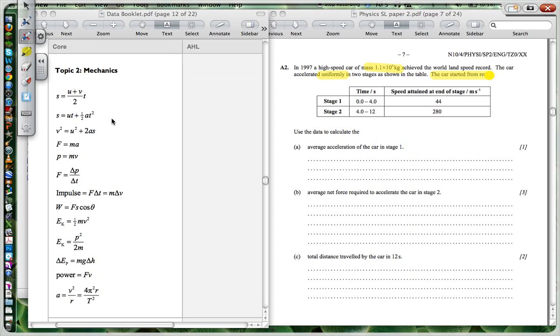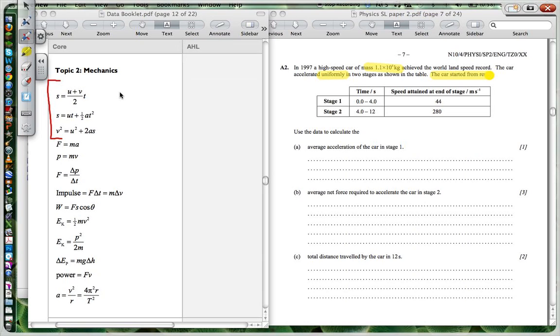Okay, so we've got our data booklet here, and this is for the mechanics section. All these formulas here are for uniform acceleration. So you really need to know what each of these is. u is for initial velocity, v is final velocity, s is our displacement, a is our acceleration, t is for time.